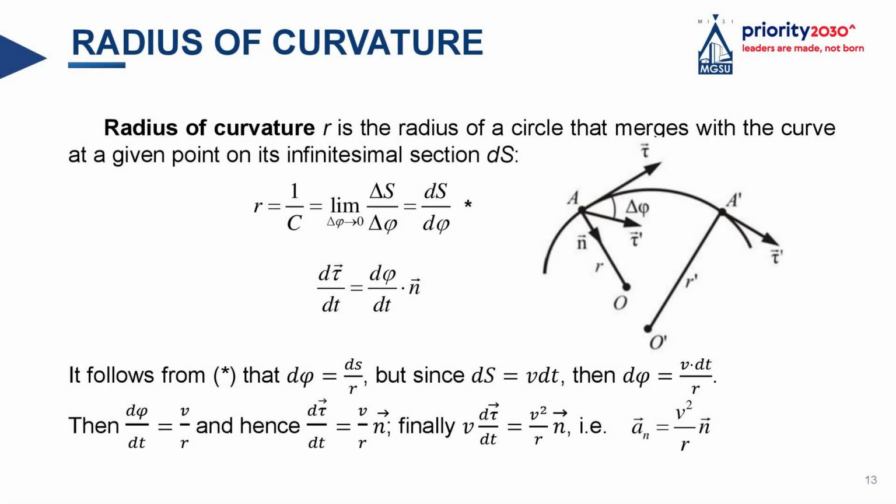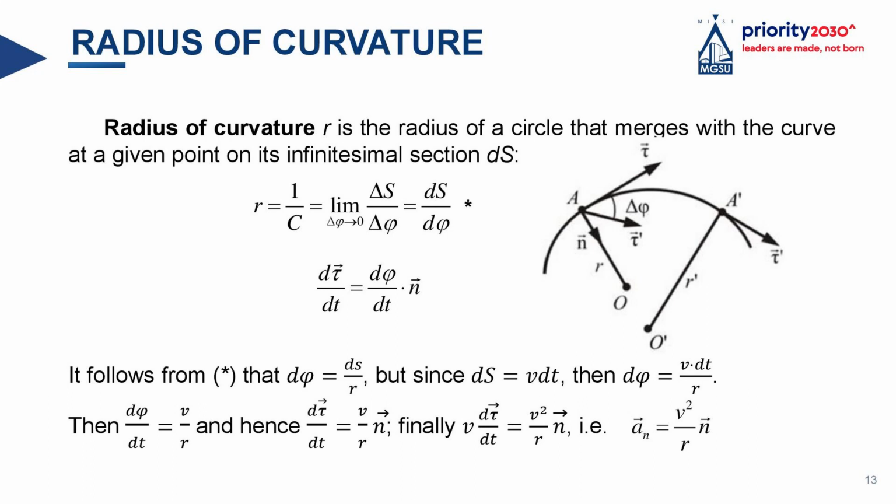Radius of curvature r is the radius of a circle that merges with the curve at a given point on its infinitesimal section ds. R is equal to 1 over c, which is equal to the following equation. The centers of such circles are the centers of curvature of points O and O prime. And please look at the third figure.